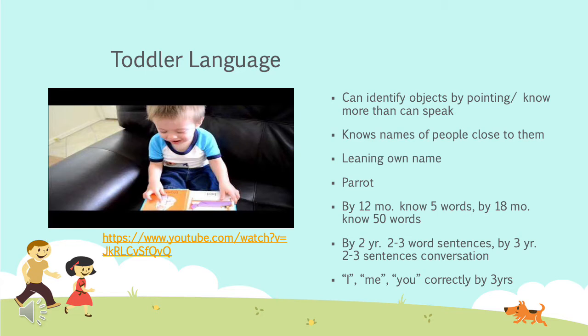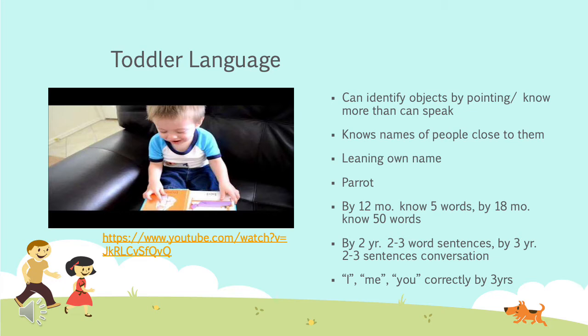By age 2, they're going to start to have these 2 to 3 word sentences. Usually it's something like "me do," because they want that independence and they don't have the correct verbiage, but they'll say something like "me do, I want." And then by age 3, it's a 2 to 3 sentence conversation.